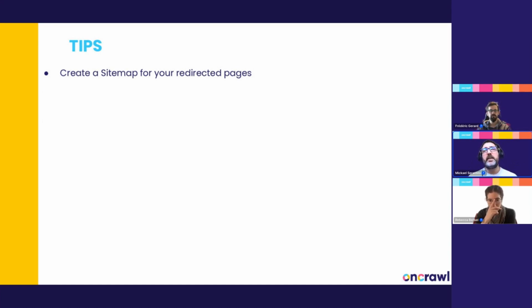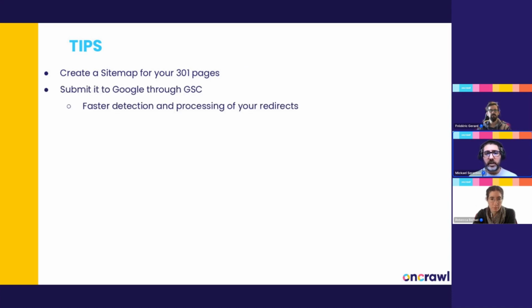One tip: when you change URLs or site structure and you have a redirect plan, create a sitemap for your redirected pages and submit it to Google through your Google Search Console account. Googlebot will be aware of these changes really fast, and the detection will also be fast.